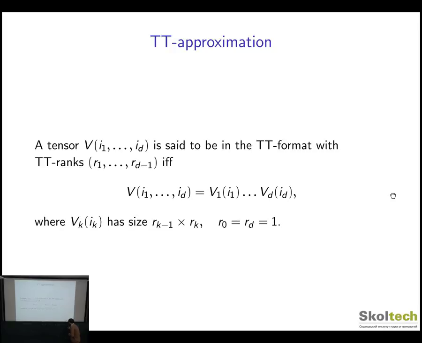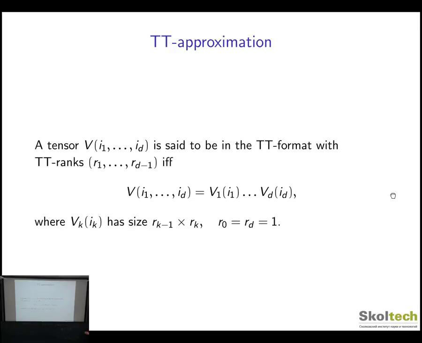You have a collection of other matrices. And if you want to compute the element in position, say, 1, 2, 3, in the end you have a collection of columns. You take this row, multiply by this matrix, multiply, for example, by this matrix, and multiply by this vector, and you get a number. So at each mode you have a collection of matrices and vectors.